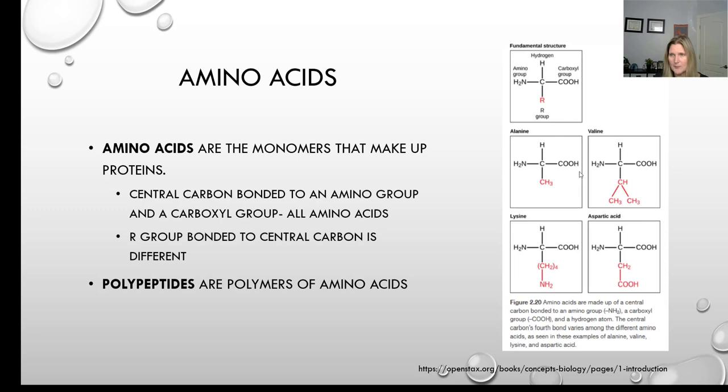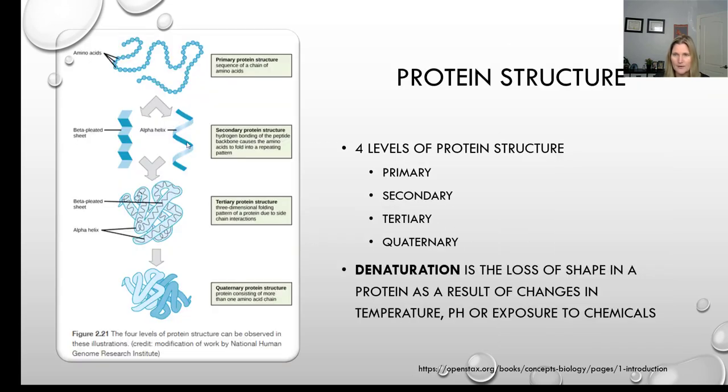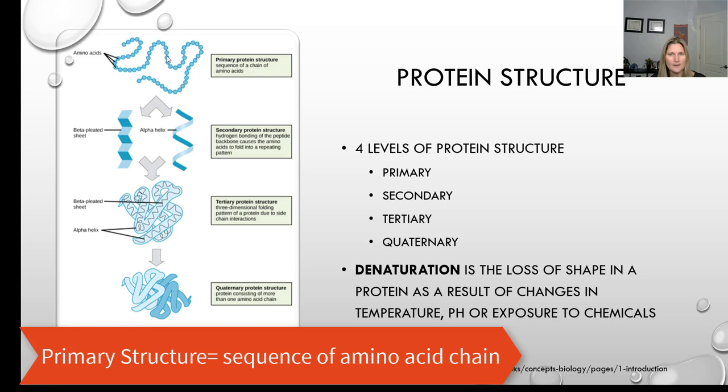If I remove the OH of the alanine and combine it with the H of the valine, we get water, and then we have alanine and valine connected together by a covalent bond. So that's a bunch of these amino acids linked together. That's the primary protein structure. It's just a sequence of amino acids in a chain.